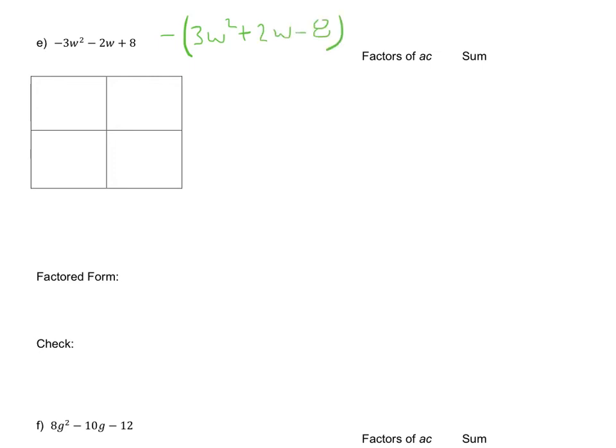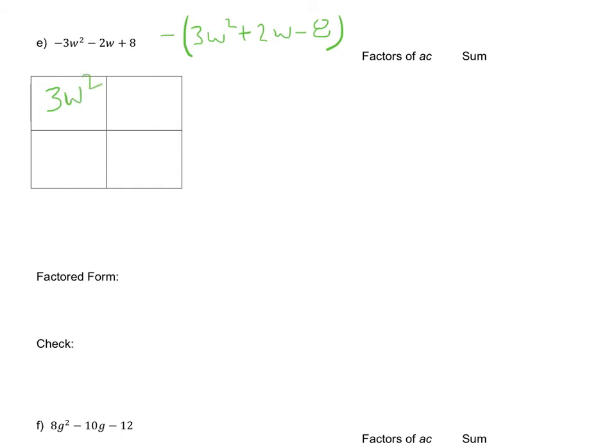I still need it to equal the same thing, so I don't want to lose the negative sign. It has to stay there. But I want to make sure that I can factor with a 3w squared plus 2w minus 8. So again, my new AC, if I look at A and C, I'm going to put in a 3w squared.